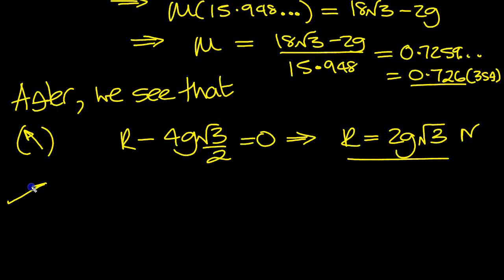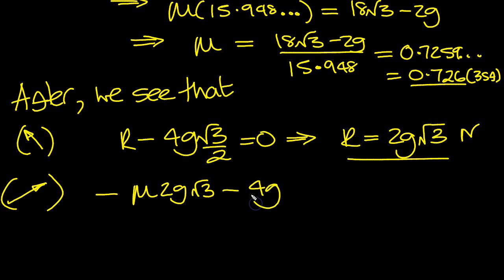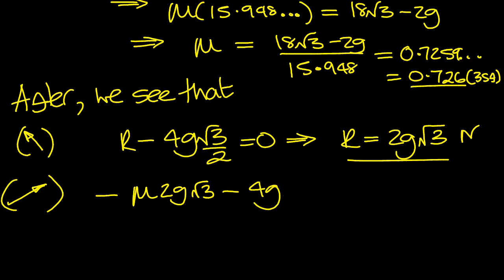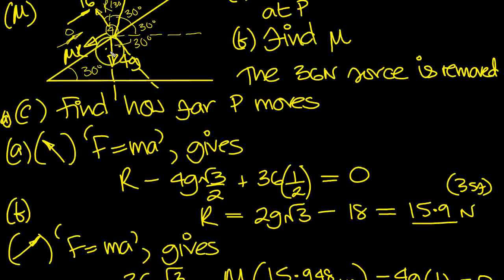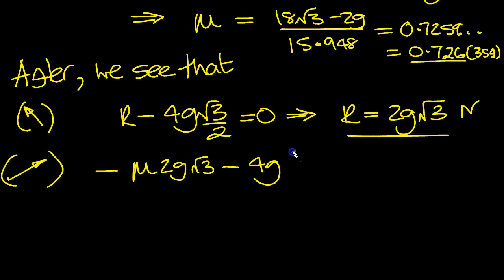Now we go along the plane then. So in this direction now. So we've got no force up the plane, but we've got a minus mu R, which is 2g root 3, acting downwards, minus the 4g weight, and the component is sine 30, so that's a half. Minus this is equal to mass times the acceleration now in this case.